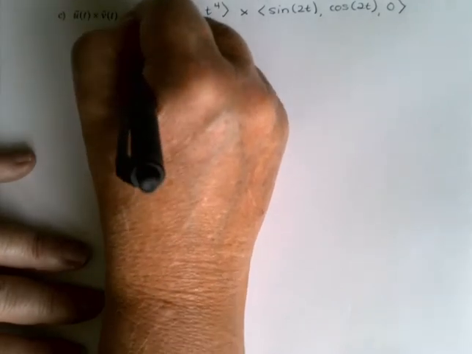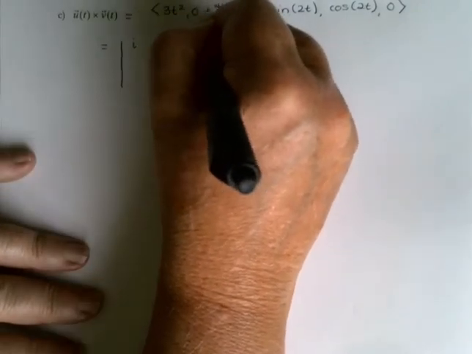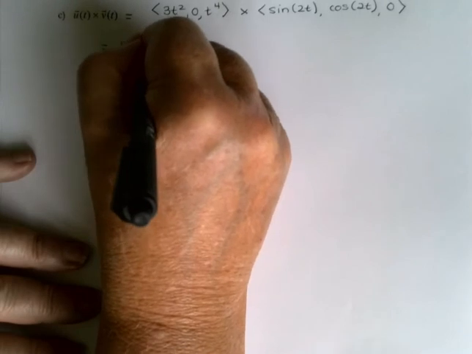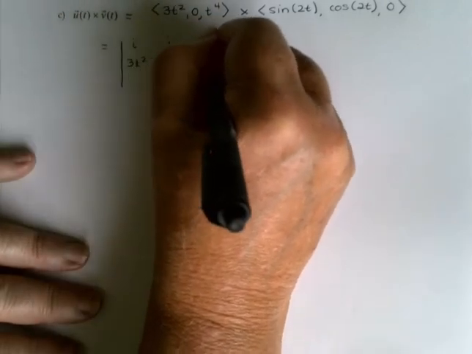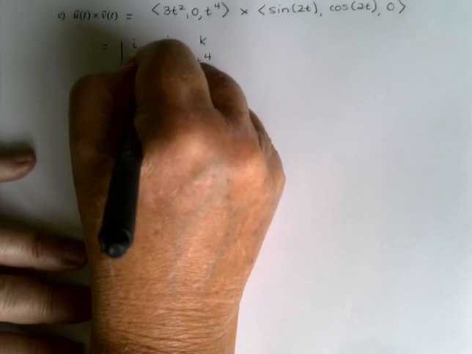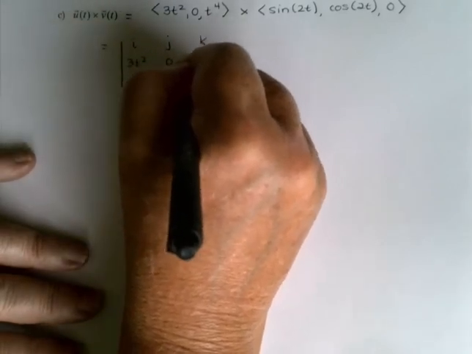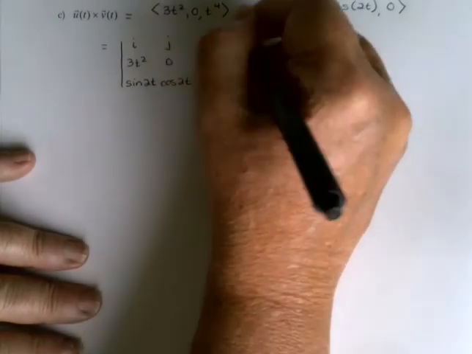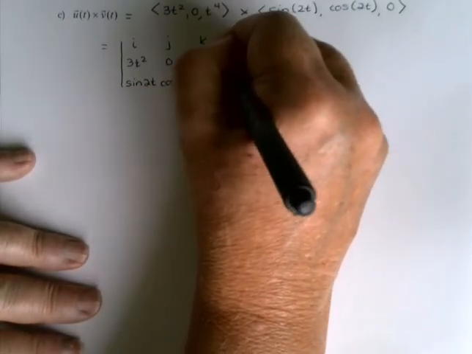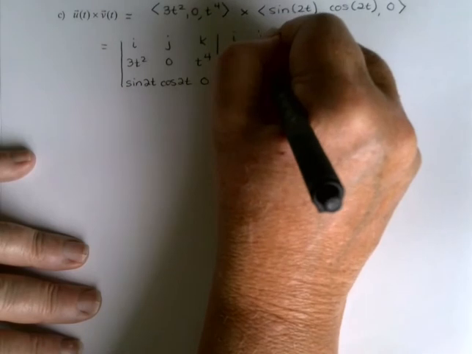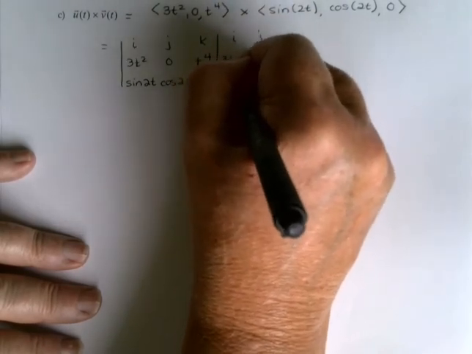And we'll do it the same way we always do. This may be the first time we've done a cross product with functions rather than just numbers, but the process is no different. I'll just rewrite my first two columns.